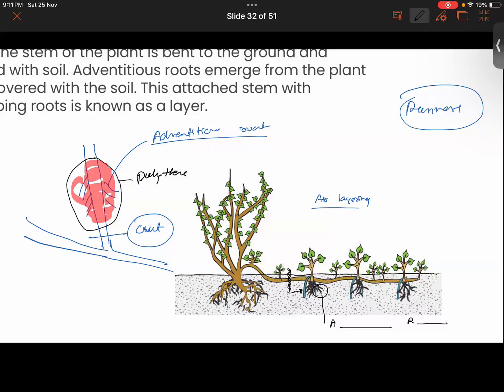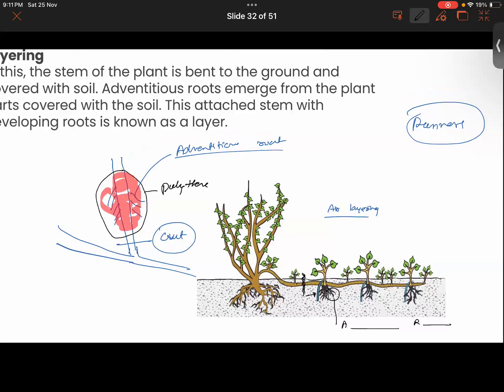Okay, Chakrika? Yes, sir. So basically, air grafting is when we take a particular branch. Layering, sir. So layering is a process where we bend a branch of a plant near to the ground and plant them, like we basically bend them into the ground.